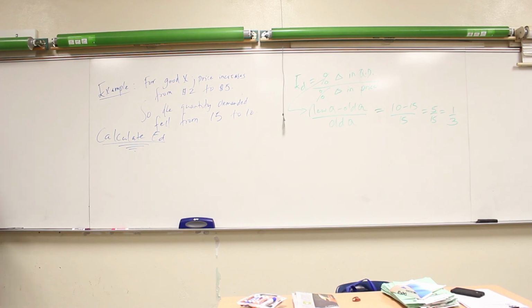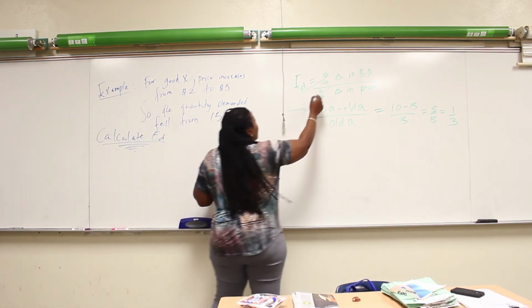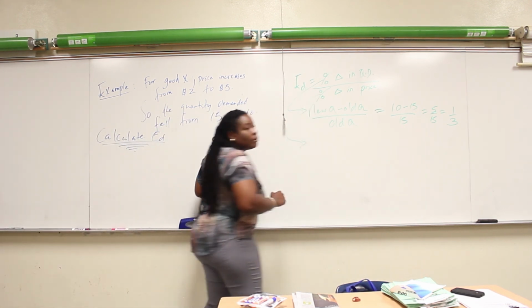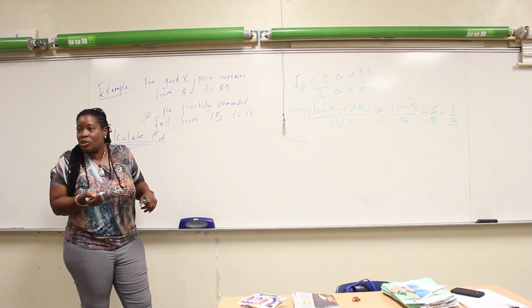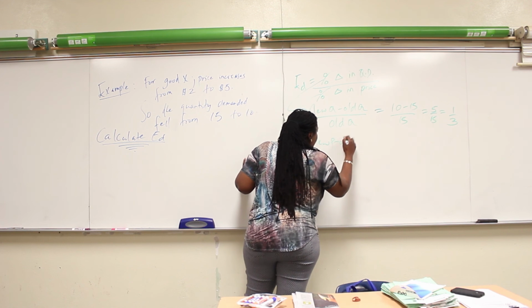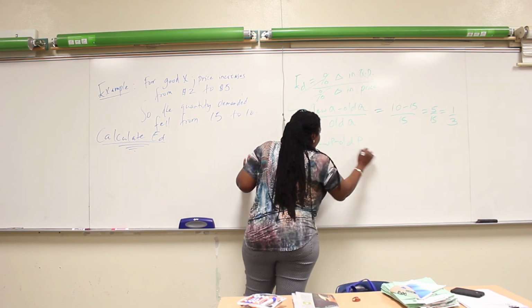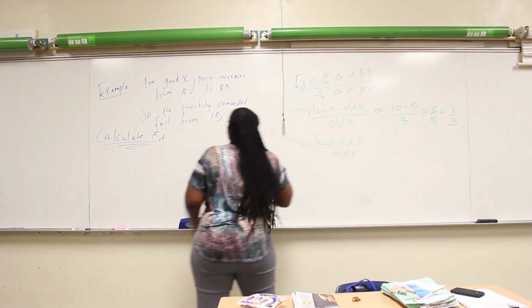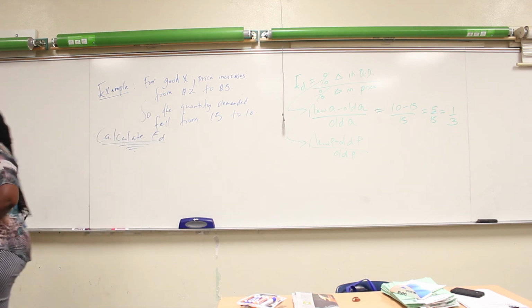Let's do the bottom. I want to figure out percentage change in price. I know what to go to. It's new price minus the old price, and we're going to divide that by the old price. What's the new price? Five. Everybody sees that?